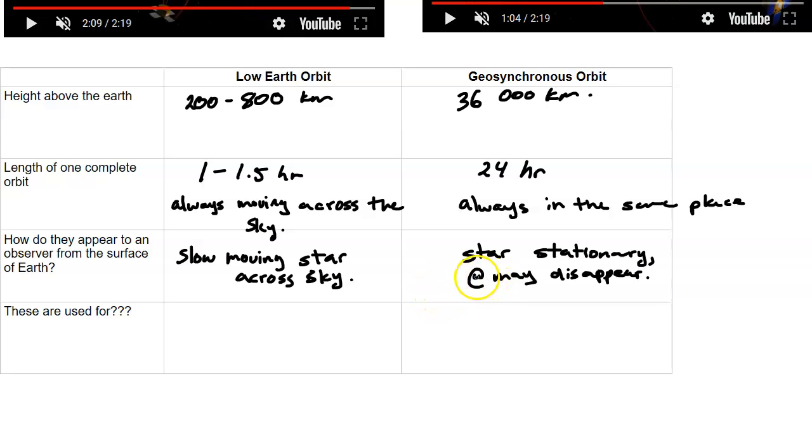Because it's always over the same spot, usually as it goes from daylight to nighttime or nighttime to daytime, it's there, and it just kind of disappears within the night sky. All the other stars will move across and kind of set. It's a star that always seems to stay in the same spot and disappear and reappear at morning and night.